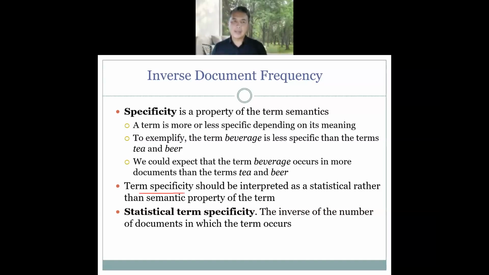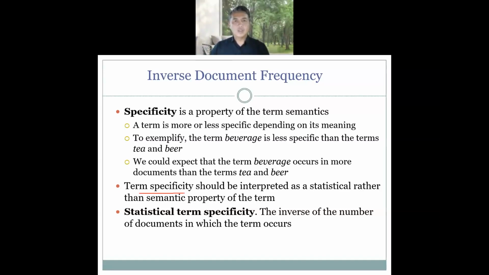Term specificity should be interpreted as a statistical rather than semantic property of the term. So when we look at the frequency of the term in the documents, we are not looking at the semantic but at the statistical aspect, which means that if a term exists in all of the documents, we cannot use that word to differentiate the documents. For that reason, we need to remove it.